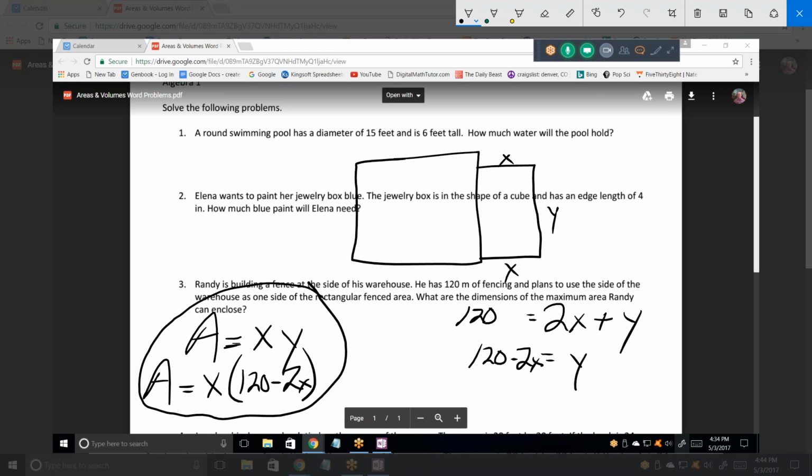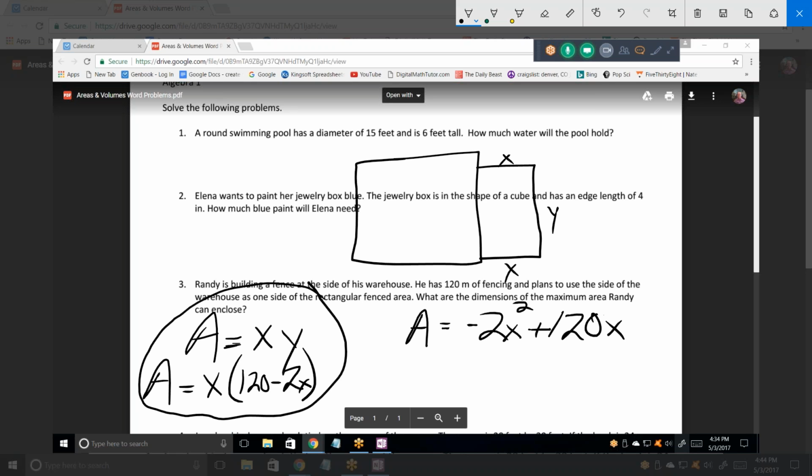You with me? Now, I'm going to solve that. That is a quadratic. My area is minus 2x squared plus 120x. You see how I got that?